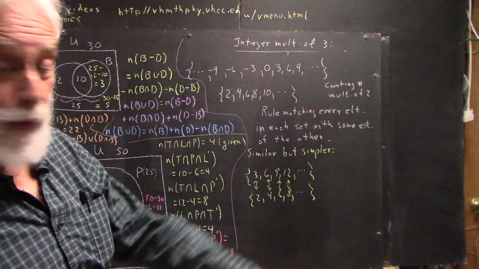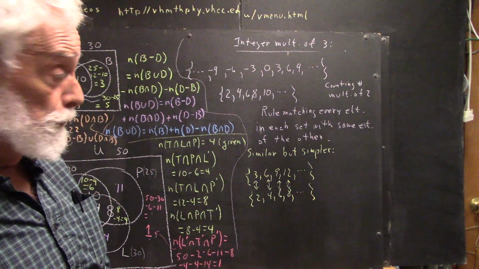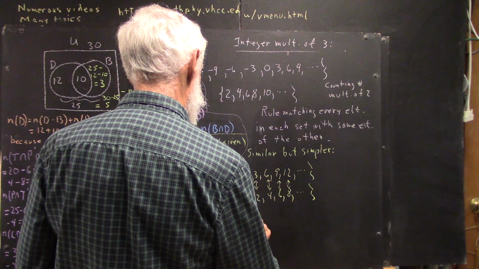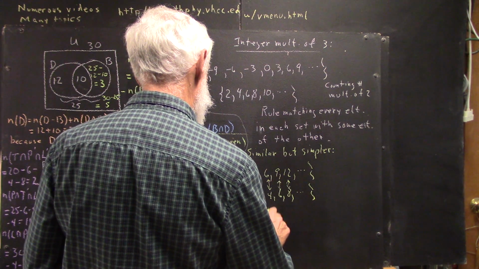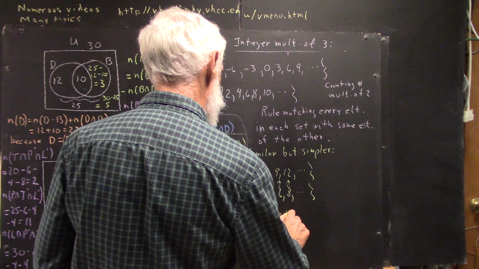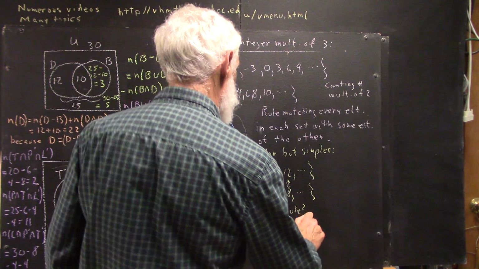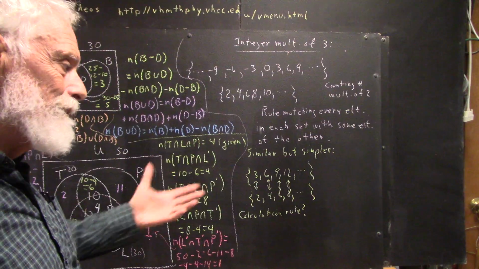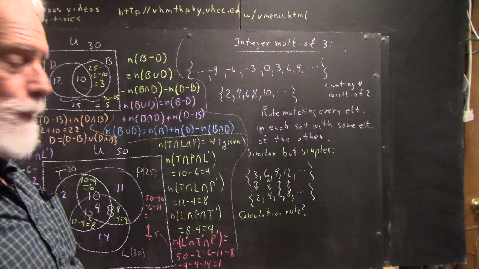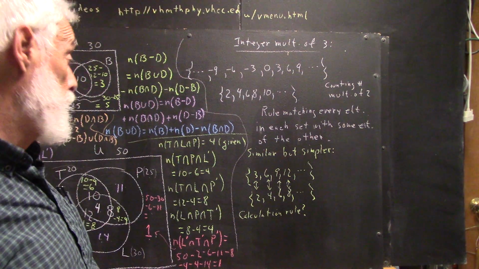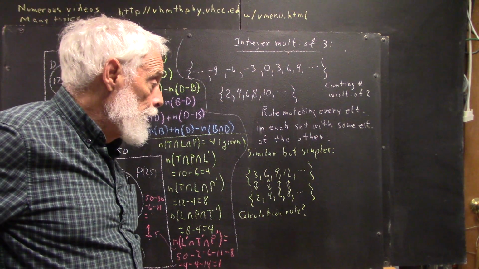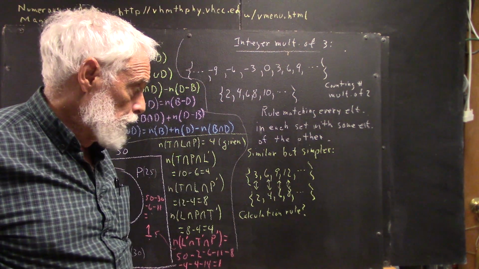And now we ask, well, is there a calculation rule? There are various ways to get this. Somebody came up with an excellent answer immediately, and it was totally right.